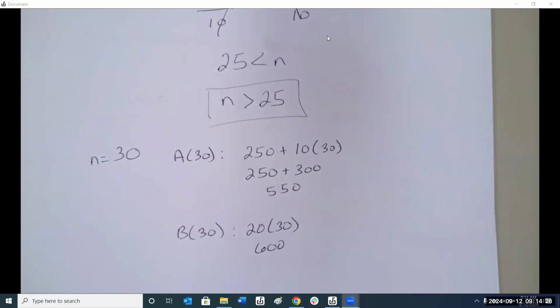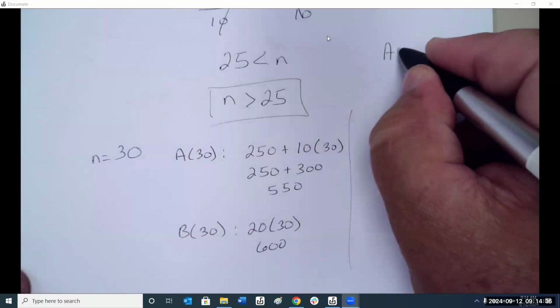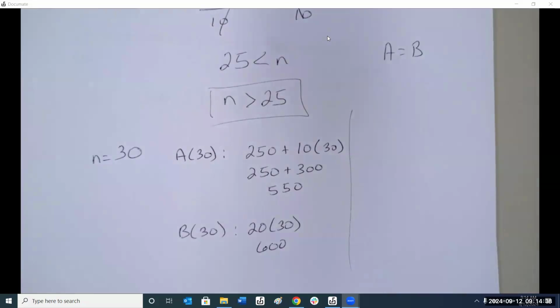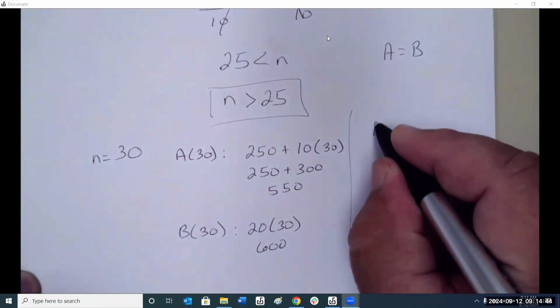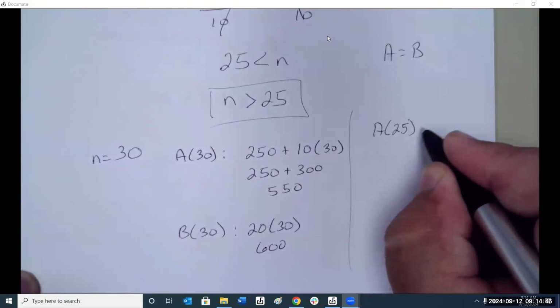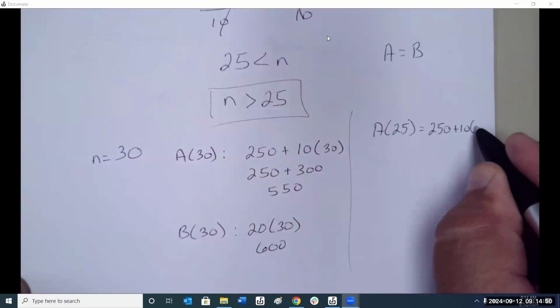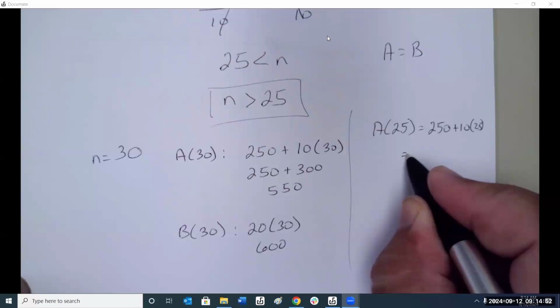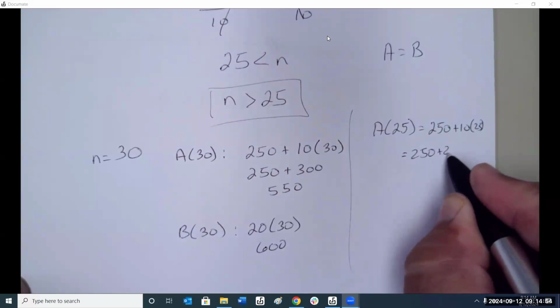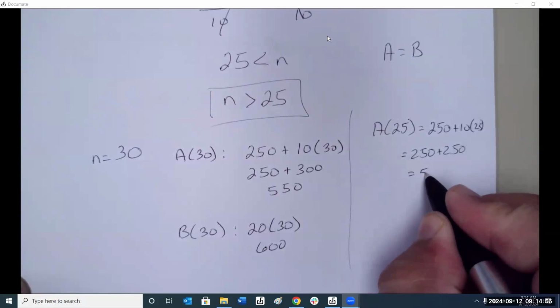So what would happen at 25? Which is what I'm saying, if you set A equal to B, you would find the breaking point, and then any more than that would be B's side. So A at 25: 250 plus 10 times 25, which is 250 plus 250 is 500.